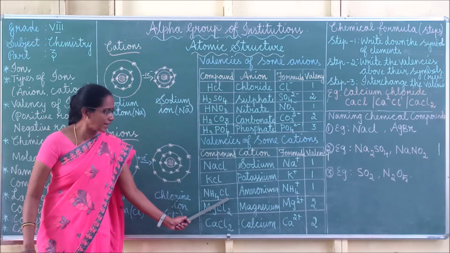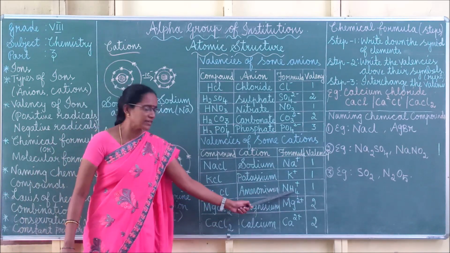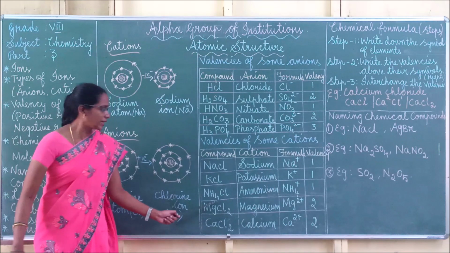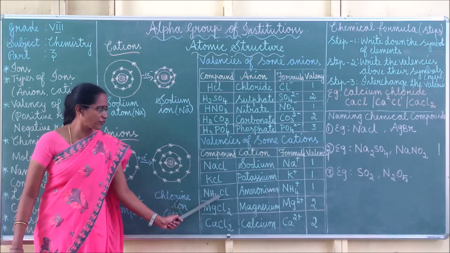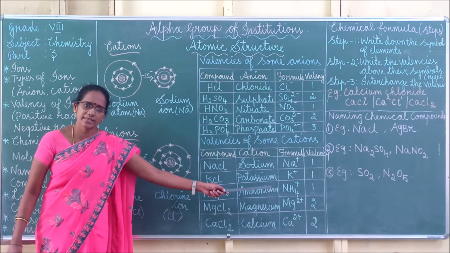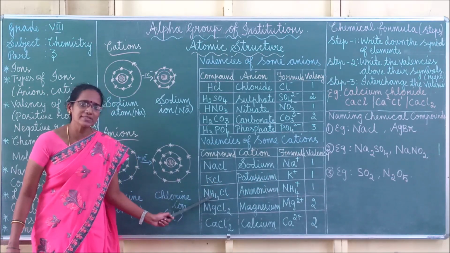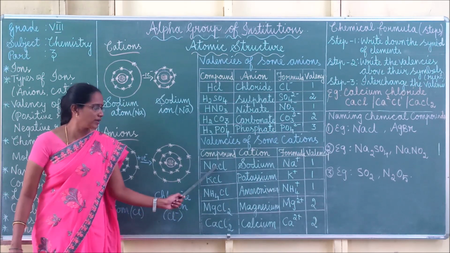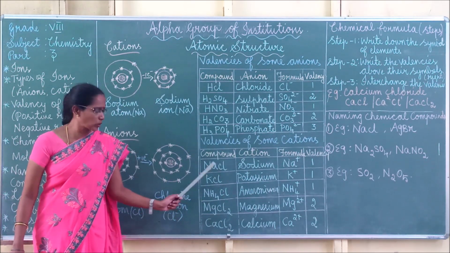Here one chlorine atom combines with ammonium, that is NH4+, and its valency is 1 because NH4+ combines with only 1 chlorine atom, and the compound is ammonium chloride. This one is potassium chloride. This NaCl is sodium chloride.